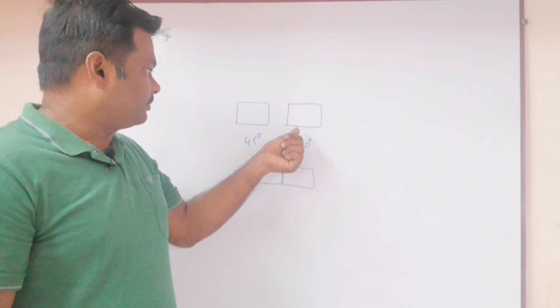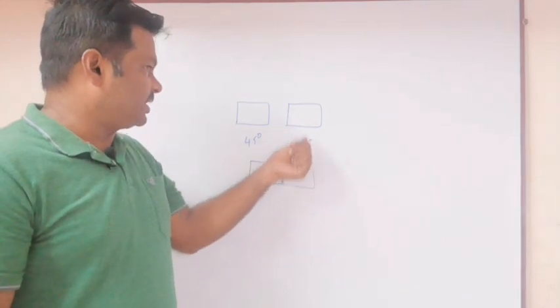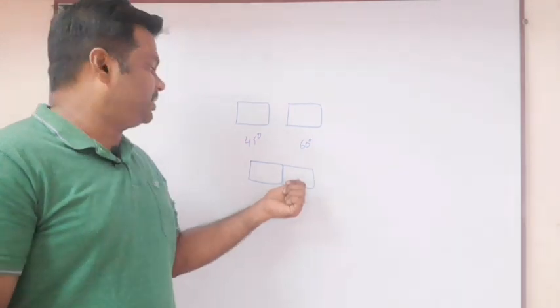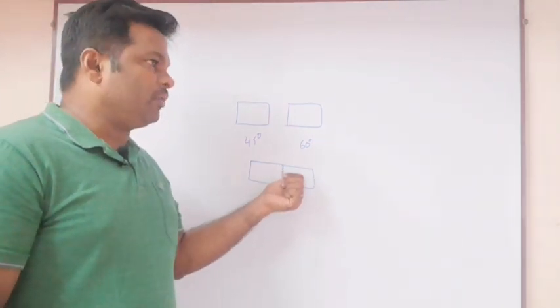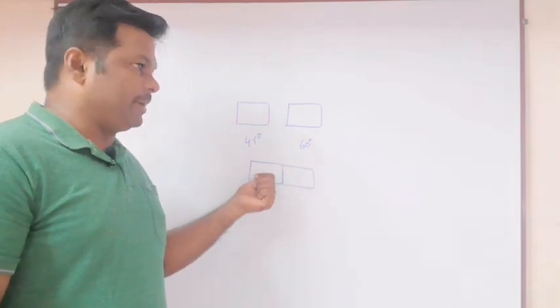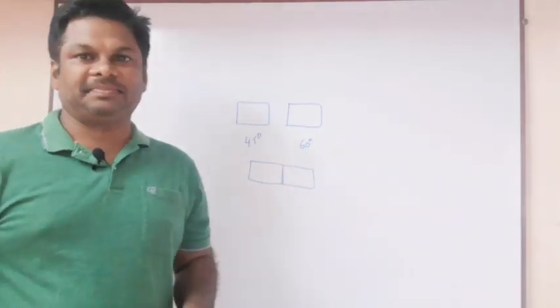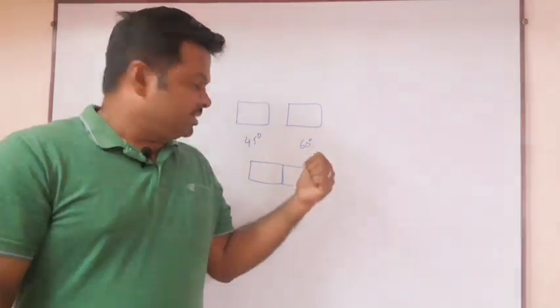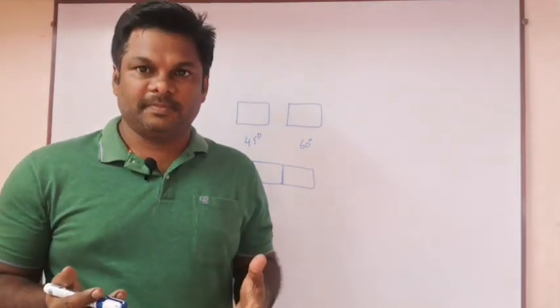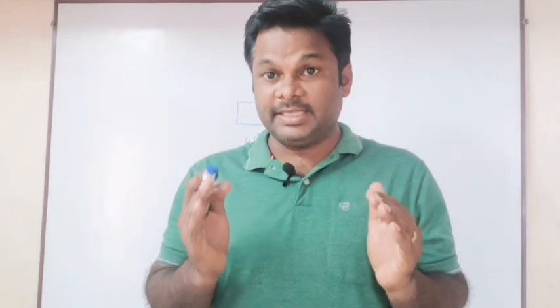The second block, whose temperature is high, will lose its heat energy, and the amount of heat energy lost by this will be received by the first one. Since the temperature of the second block is high, it contains more heat.